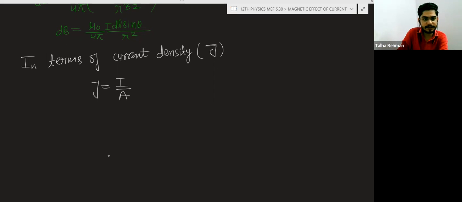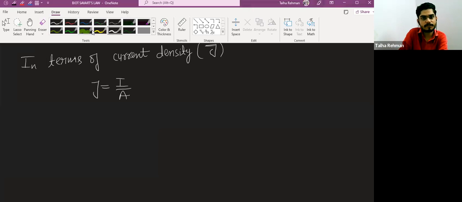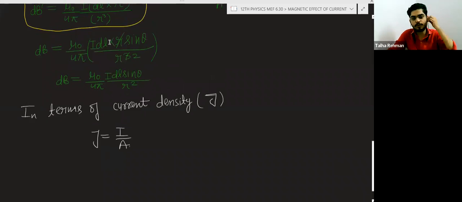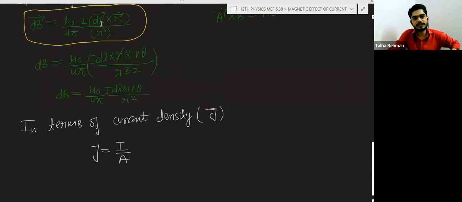From here you can calculate the value of current. Your motive is to convert this form in terms of the current density J, which is again a vector quantity, as I discussed there.